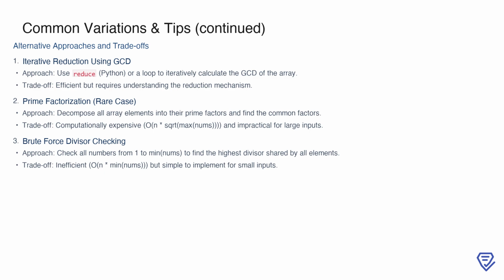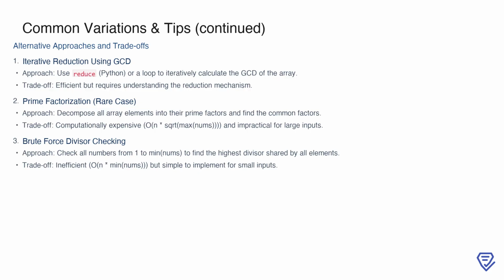There are alternative approaches to solving this problem, each with its own trade-offs. One efficient method is iterative reduction using the GCD function. By employing Python's reduce or a loop, you can iteratively calculate the GCD for the entire array. While this approach is efficient, it does require a solid understanding of how reduction mechanisms work. Another less common approach is prime factorization, which involves breaking down each number in the array into its prime factors and finding the common factors among them.